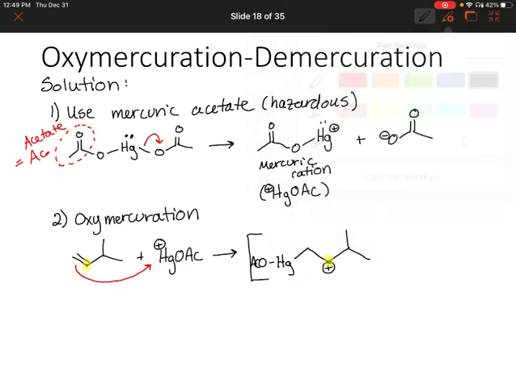And remember, mercury has a lone pair, so that lone pair can actually come in and form a bridge similar to our bromonium ion from the halogenation reaction that we talked about. So then we get this resonance structure where mercury forms a little bridge, and now it's positively charged.